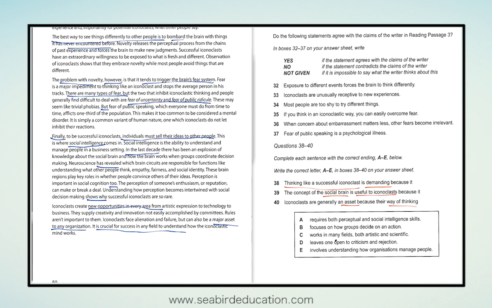Create new opportunities in every area. They supply creativity and innovation, not accomplished by committees.